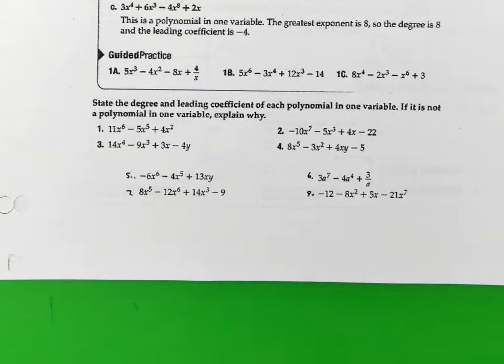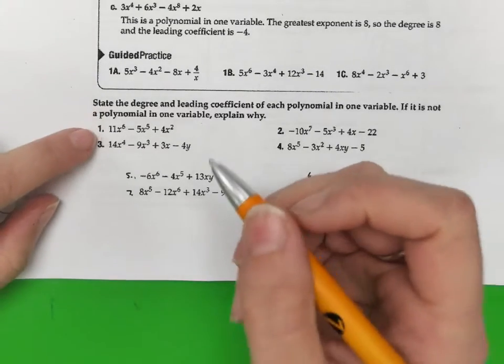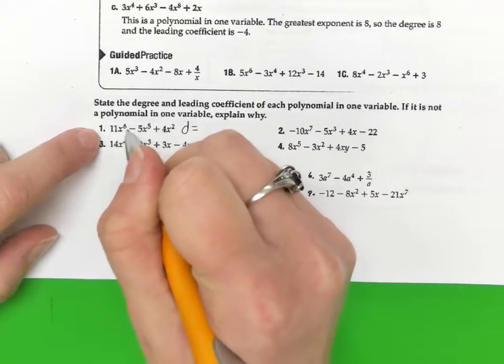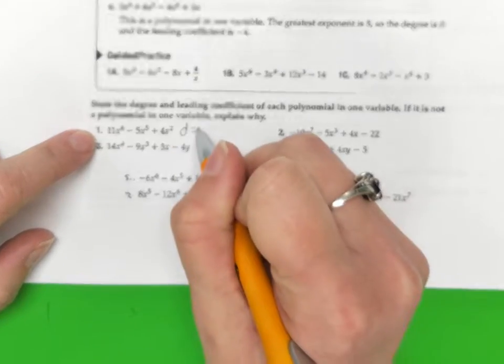Okay, here we go. So we kind of did this on Thursday a little bit. We talked about the degrees of things, but we're gonna skip to this page. So number 1, it says state the degree and the leading coefficient. No matter how it is written, the degree is the biggest exponent, which is 6.